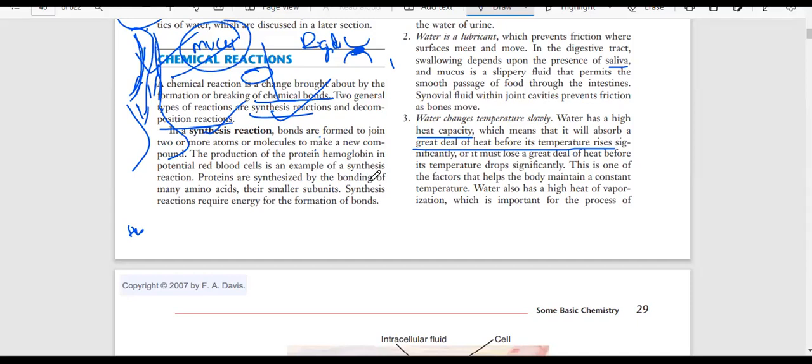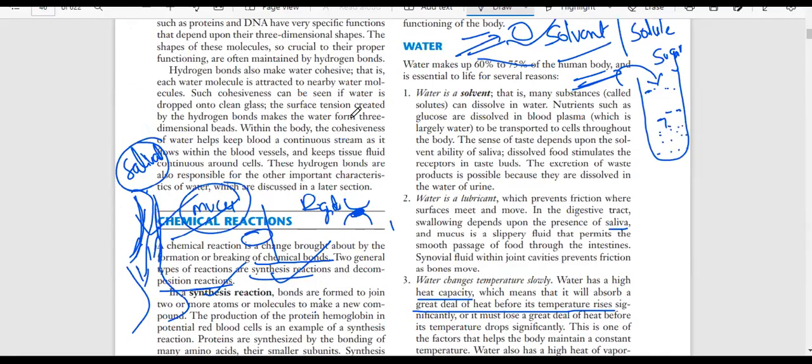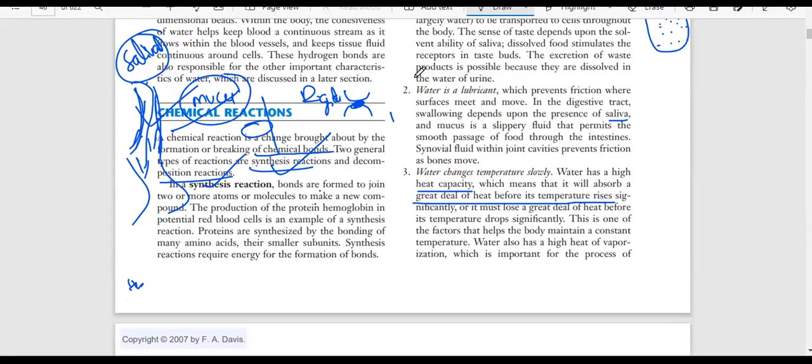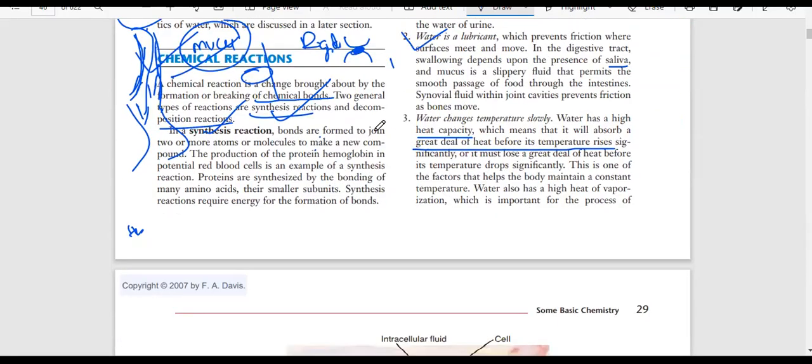If the temperature rises in the cell, it will burst. It will not be able to work. So we have water for solvent, we have water for lubricant, we have water for changing the temperature slowly.